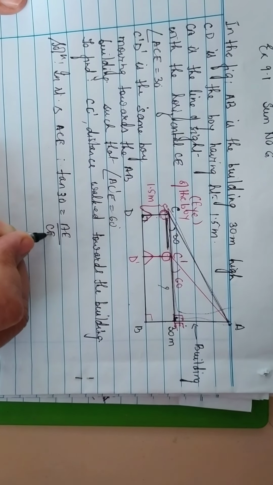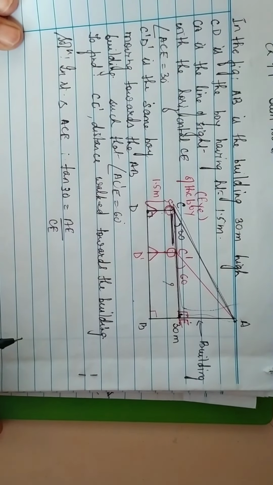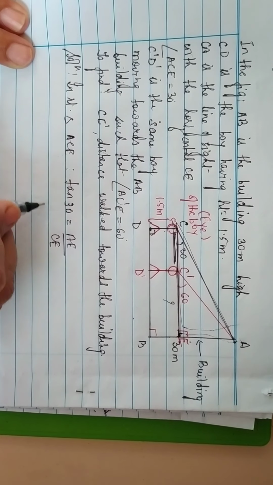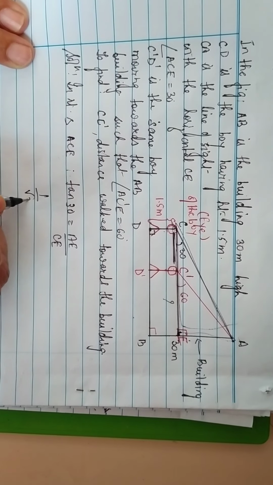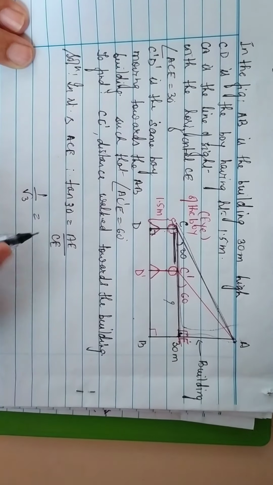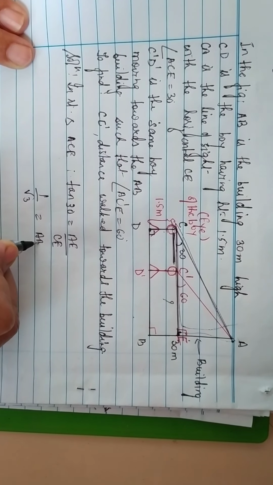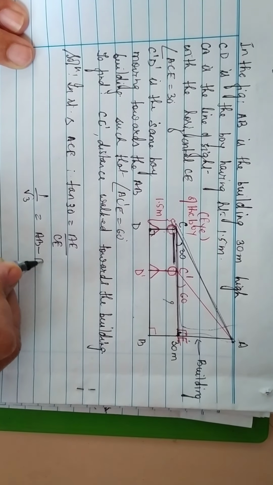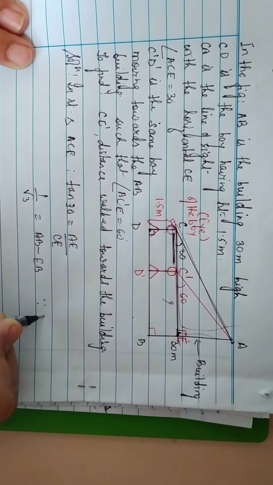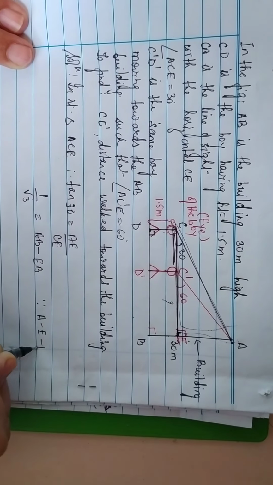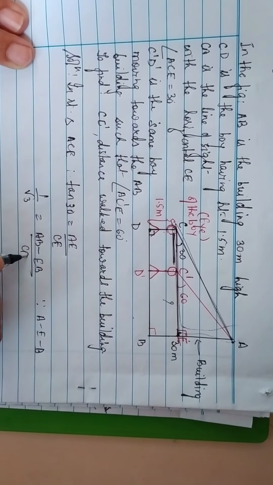Adjacent is CE. Now tan 30 is 1 by root 3. Now AE we can find as AB minus EB, since A, E, B are collinear, and CE we have to find out.